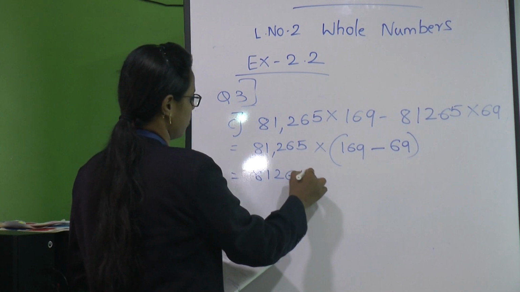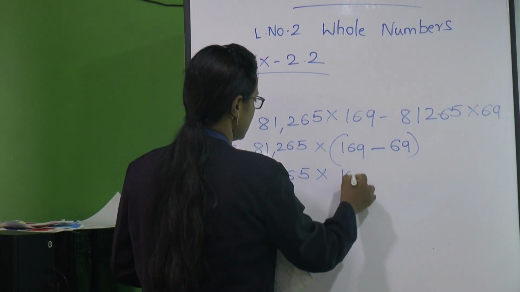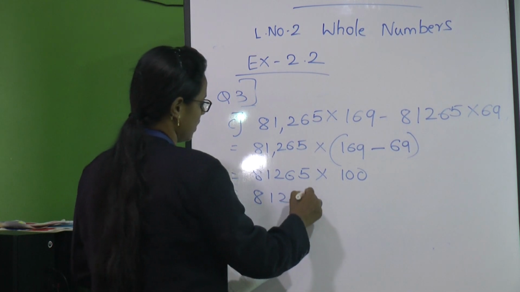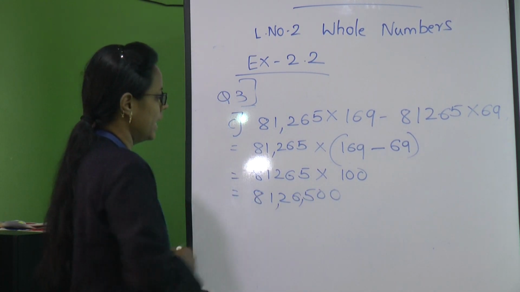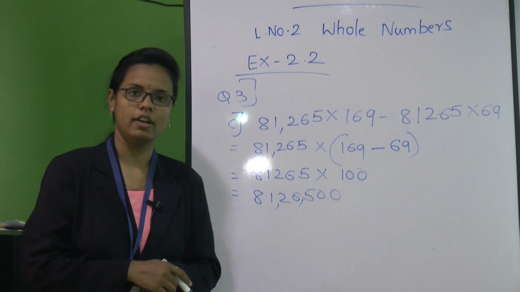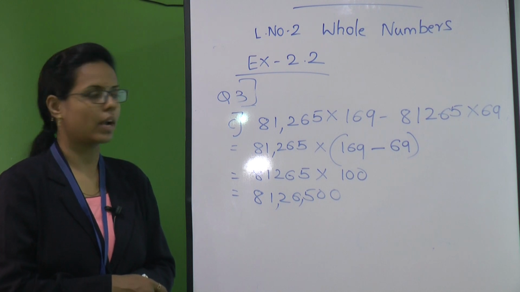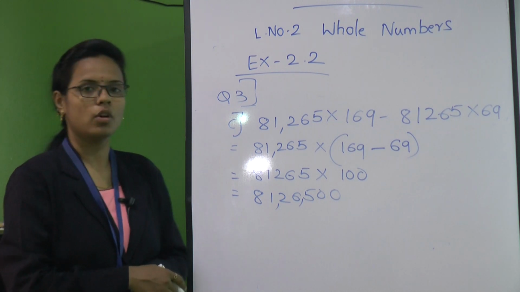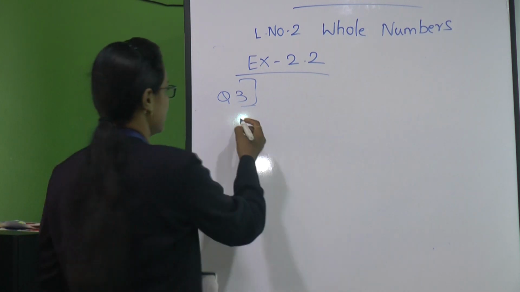Same as it is we have to write into the subtraction of this, 100, and when we multiply this with 100 we get the answer. What is the answer? 81,26,500 is the answer we got. Okay. So few more examples are there. One more we will solve. Okay, see here.